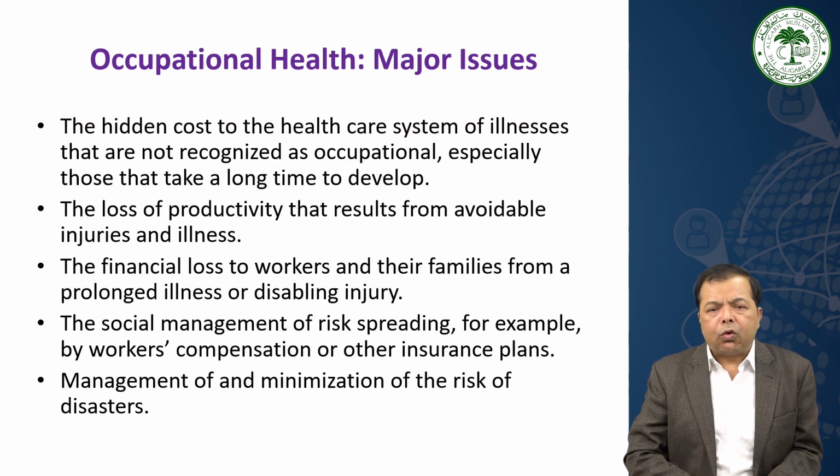Then the hidden cost to healthcare system of illness that are not recognized as occupational, especially those that take a long time to develop. The loss of productivity that results from avoidable injuries and illness, the financial loss to workers and their families from a prolonged illness, the social management of risk spreading, for example, by workers' compensation or other insurance plans, and then management and minimization of the risk of disaster.